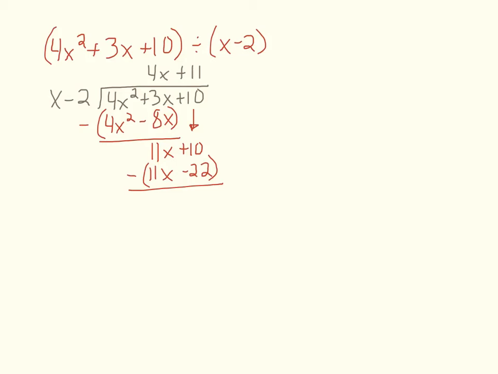So 11x minus 11x is going to be 0, and then we have two negatives here, so that's going to be a positive 10 and a positive 22, which will end up being 32. Now, since x can't go into 32, that's our remainder. So we write that as plus 32 divided by the divisor, x minus 2. And that is our answer.